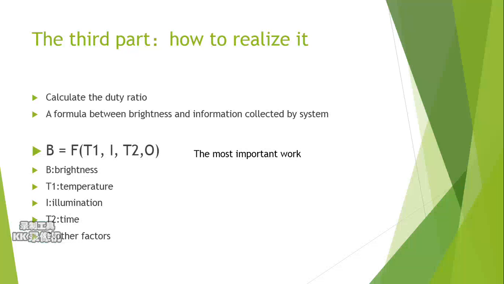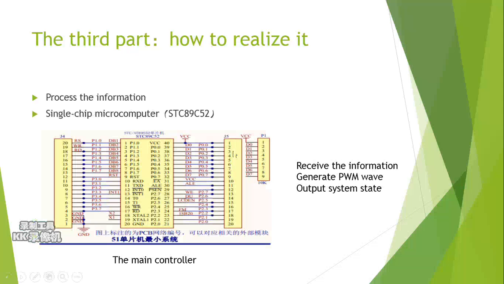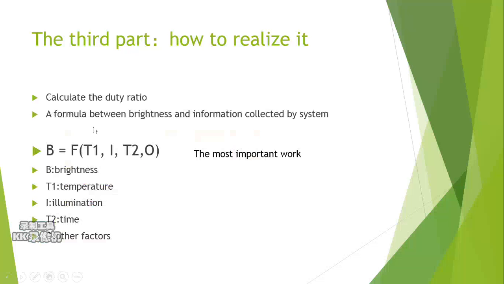Say this information, B is the function of T1, I, T2, and O. Here B means brightness of LED, T1 means the environment temperature, I means illumination, T2 means the real time, O means other factors, and this formula is the most important work of this project.